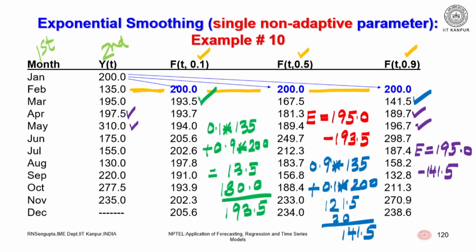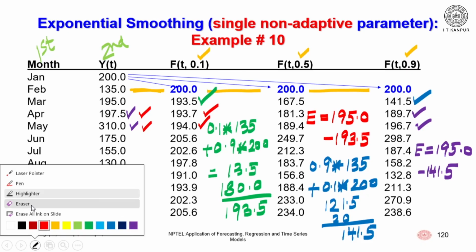Now, if I consider the error which is shown in red, which is basically for the third column, the errors would be, I will use the red color, 197.5 minus 193.7, next value is 310 minus 194. Again, I have the errors, I can square them, sum them, find out the mean value.